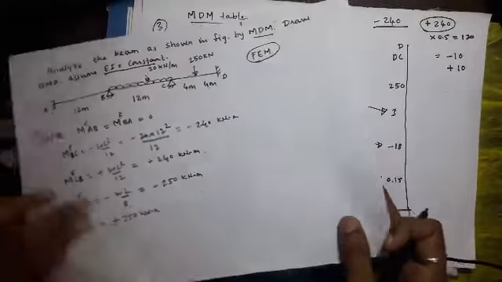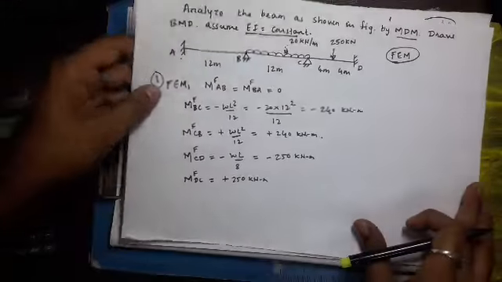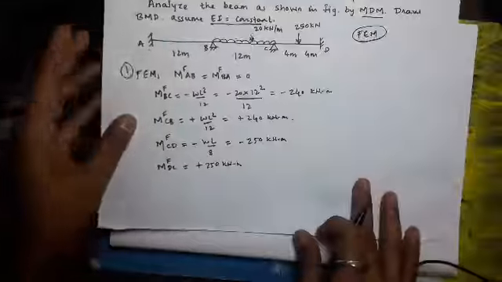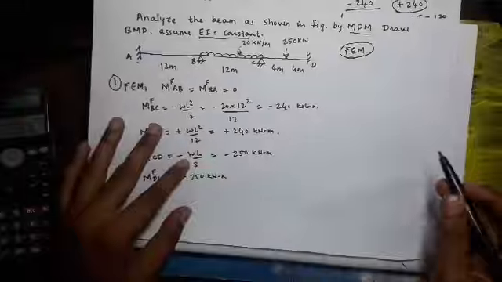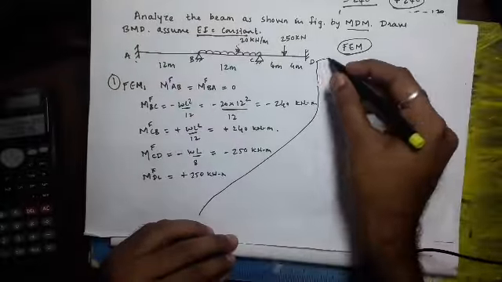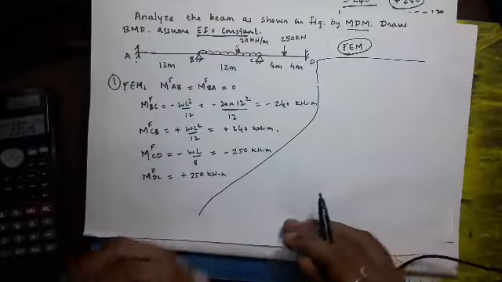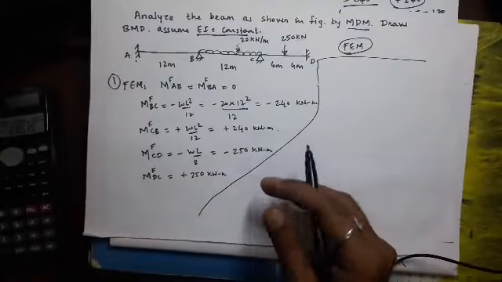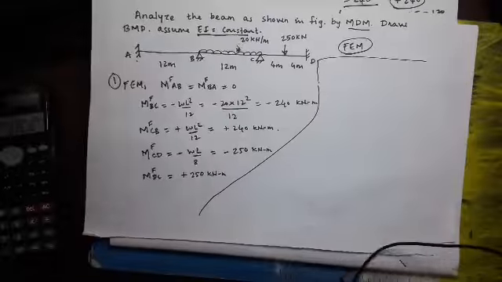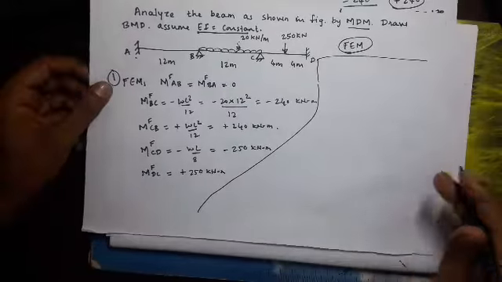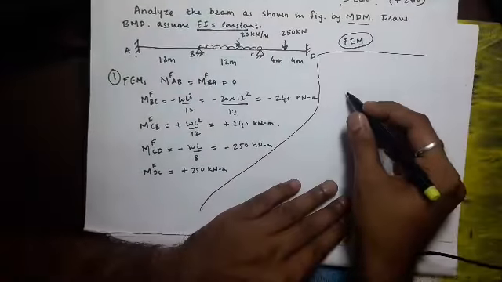I will tell you how to draw bending moment diagram. First you see the sign convention of bending moment diagram. When you are analyzing by displacement method, you have to see how to use the sign convention. There are different sign conventions available in the reference books, so I will explain what I am using.